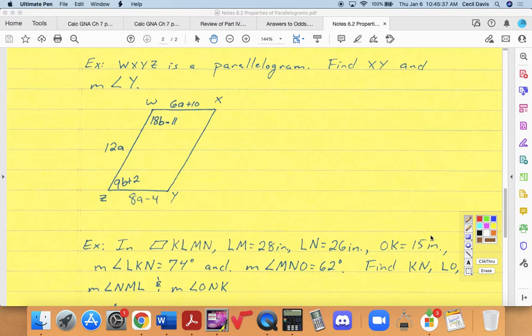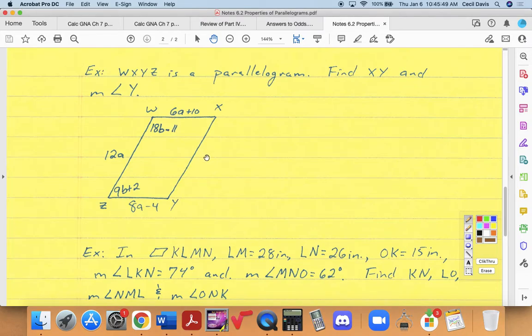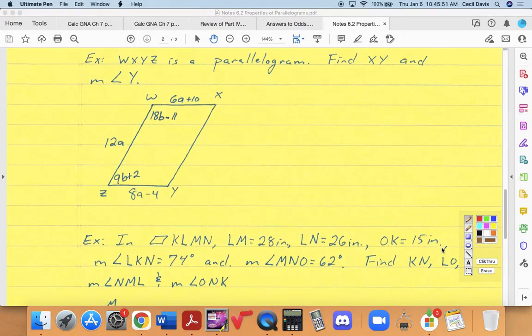So, let's start with the length of XY. What segment will XY be the same length as? WZ. The length of WZ is 12A. And you're like, well, that's great, but I'm sure that I need to get a numeric answer for this, not one with a variable in it. So I'm going to have to do something else.